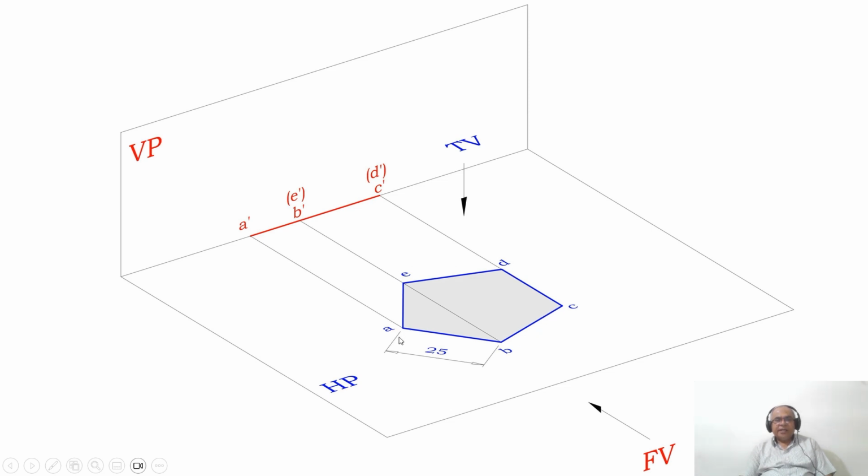Similarly DE and EA, whereas CD is parallel to HP and perpendicular to VP, therefore in the vertical plane you get a point. So this is the corner and this side is the edge. Always remember, whenever you have a corner you get 1 point, whenever you have an edge you get 2 points at the end. So this is how you analyze the initial position of the pentagonal lamina with respect to both VP and HP.